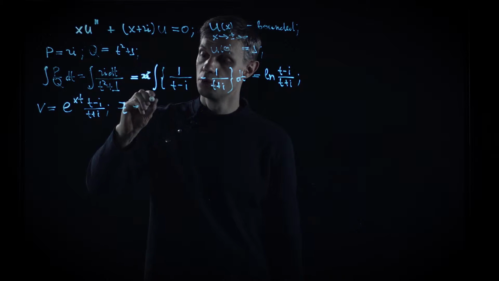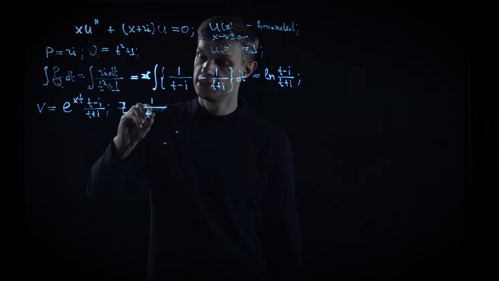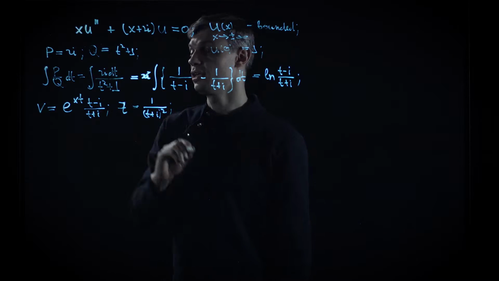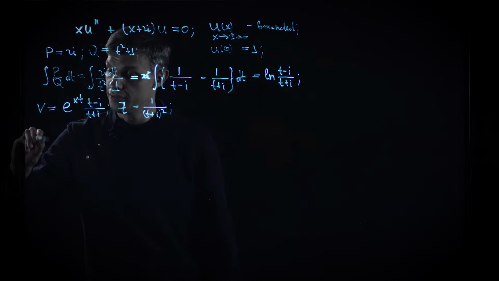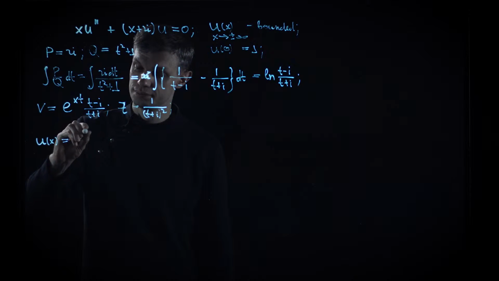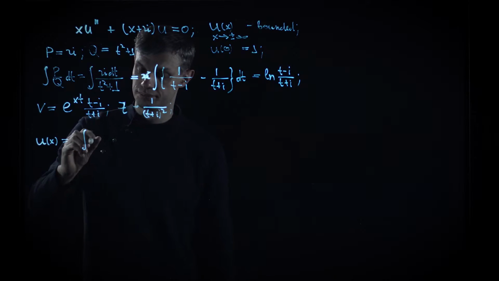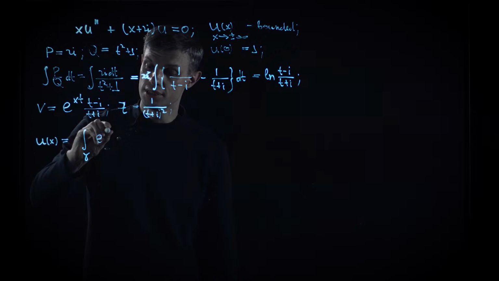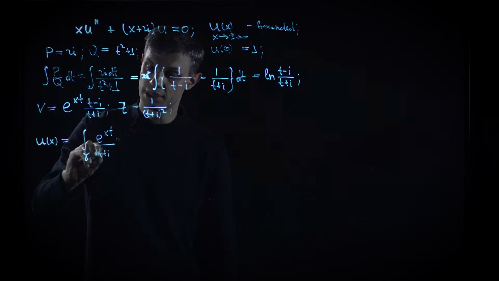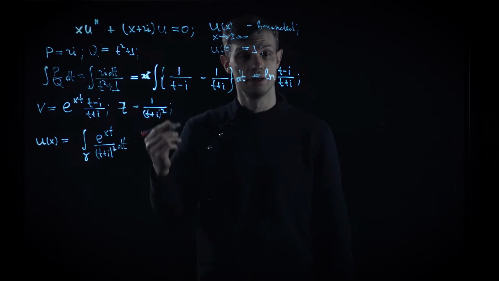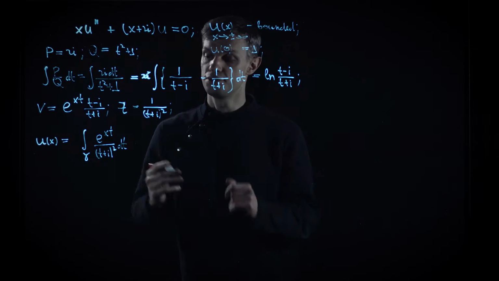So what we get is 1 over t plus i squared. And finally, our solution u of x is some contour integral of e to the xt over t plus i squared dt. And now the key part, the choice of the contour.